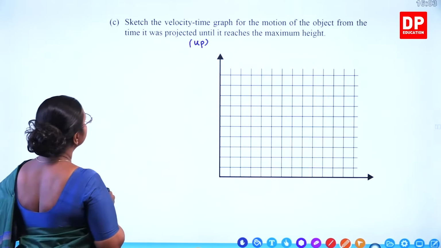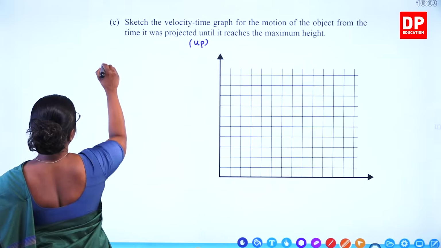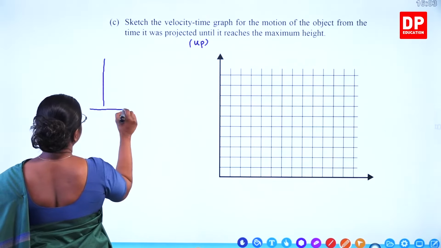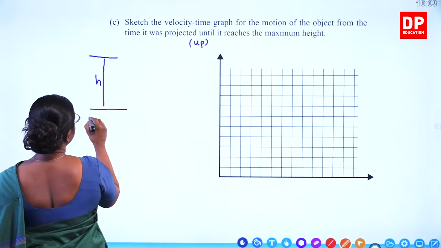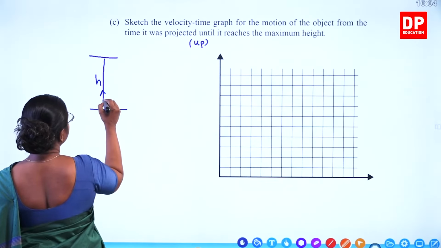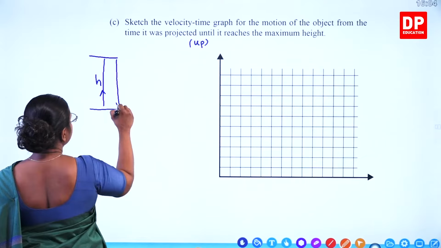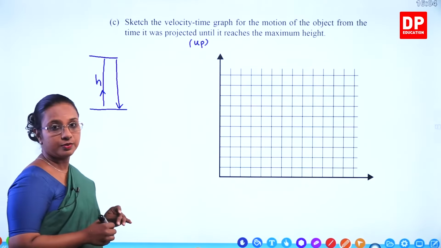So if we consider the movement, this is the ground level, this is the height h. Initially it moved upwards and then finally it is going to come downwards.